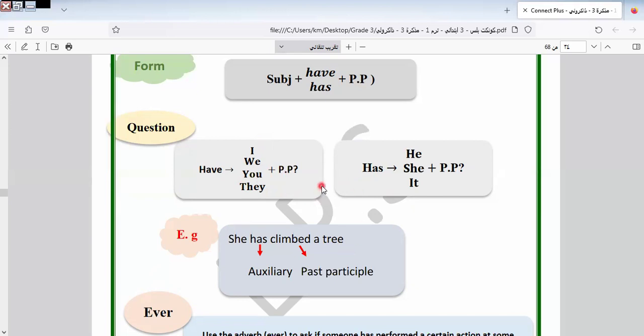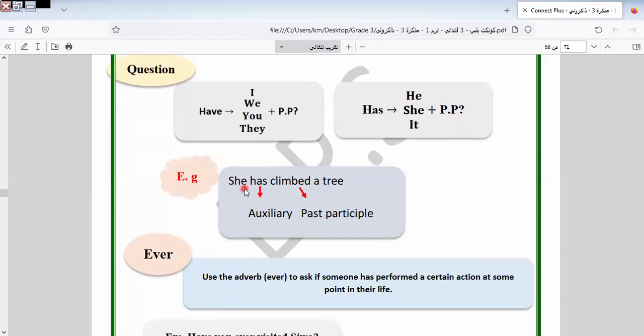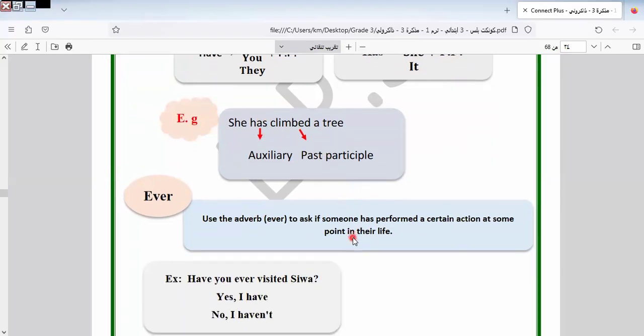For a question: Have I, we, you, plus the past participle of the verb. Has he, she, it, plus the past participle of the verb. Here we have, she has climbed the tree. So here we have the auxiliary verb, and here is the past participle of the verb.